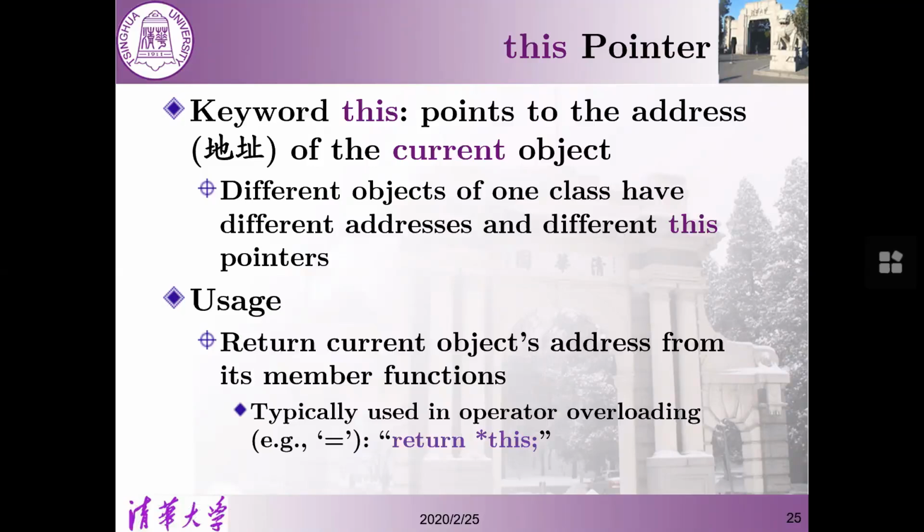We will learn this later. For example, for the equal assignment, we will need operator overloading, and we will need this pointer to return the current object. Anyways, we will learn this pointer now, and we will learn operator overloading later.